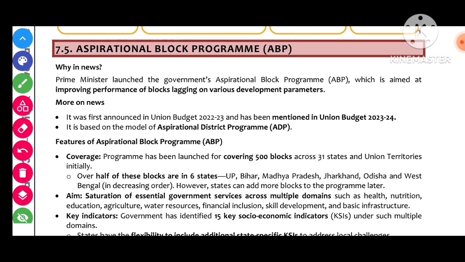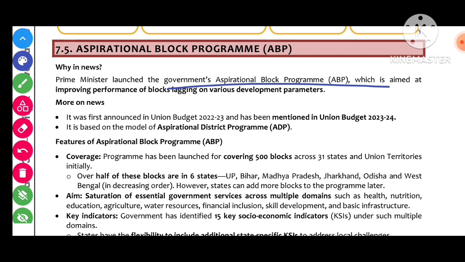next is the aspirational block program. It is in news, and it was created during the budget. It was in news during the budget release in 2022-23. Okay, so Prime Minister launched the government's aspirational block program as per the recommendation of the financial committee.